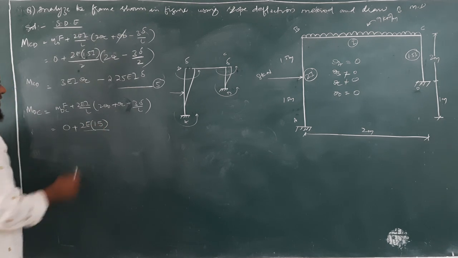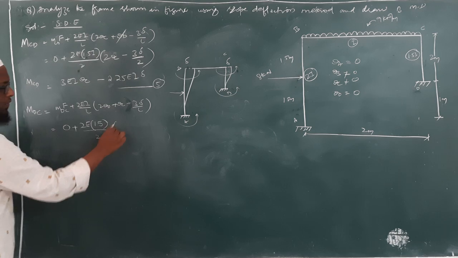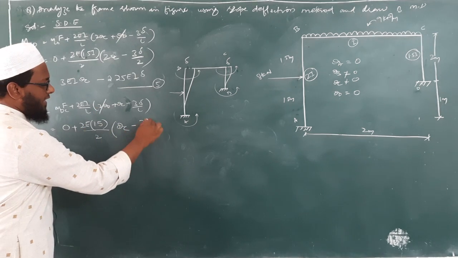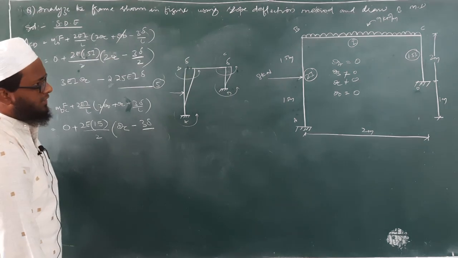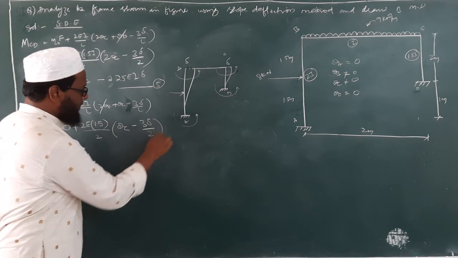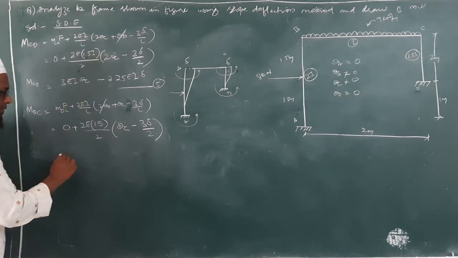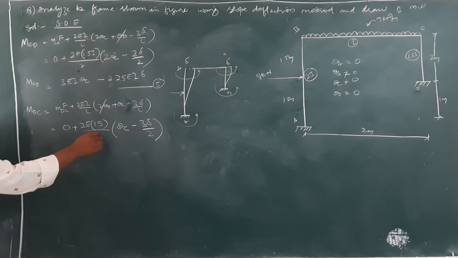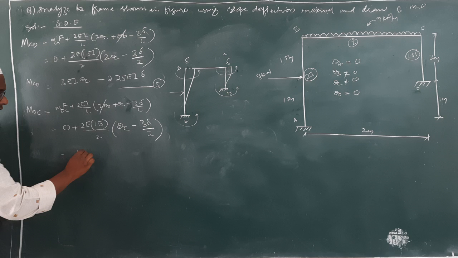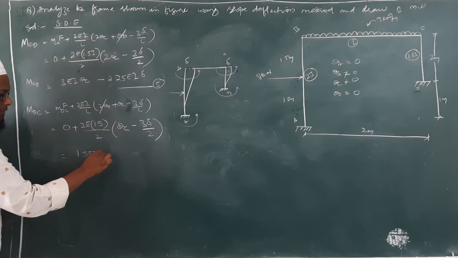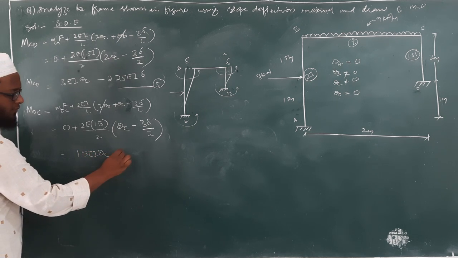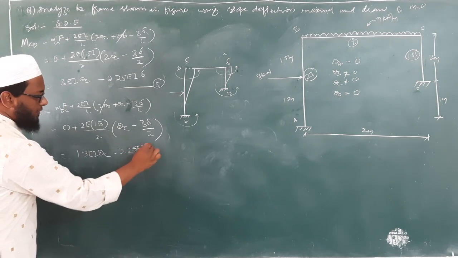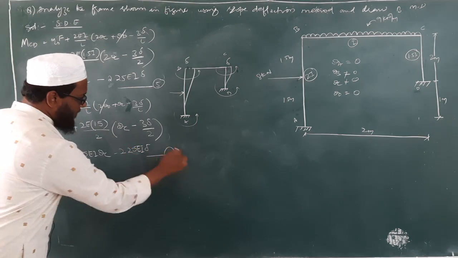Then what is the value of L? 2. Theta D is 0. Theta C minus 3 delta by L. L is how much? 2 meter. Yes, tell me the value. Again 3 by 2. So this will be 1.5 EI theta C then minus 2.25 EI delta. Equation number 6.